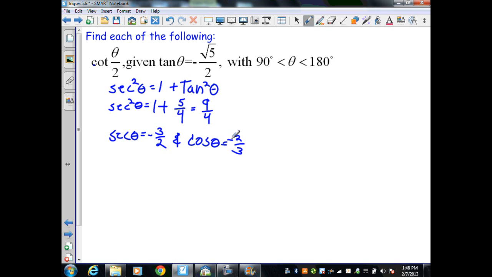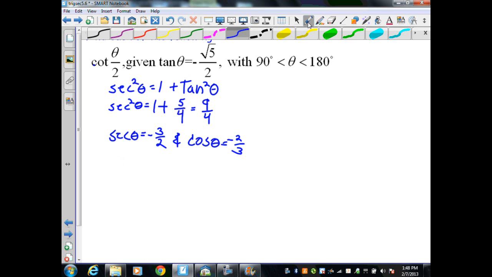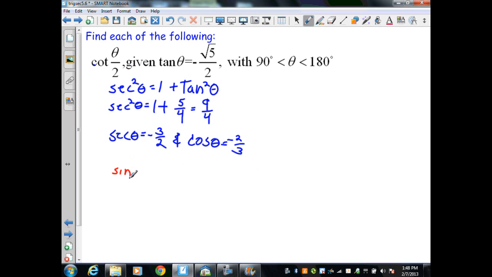Now, using another identity we know, the Pythagorean identity, which is sine squared theta plus cosine squared theta equals 1. I just determined cosine squared theta, so I can substitute in sine squared theta plus, squaring our prior solution, 4/9.